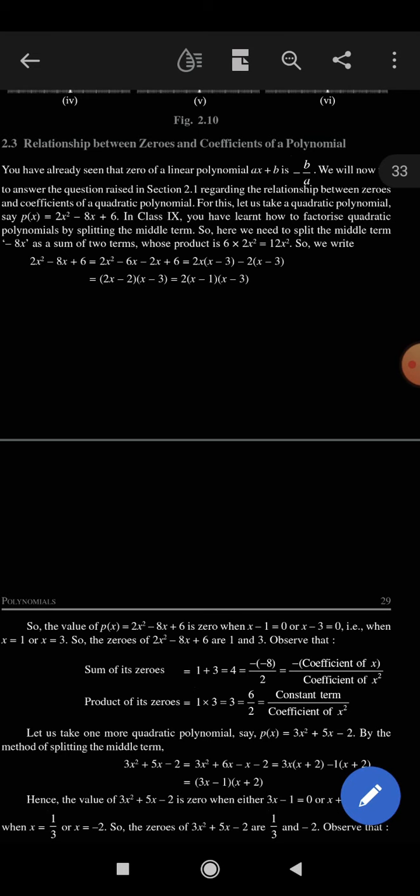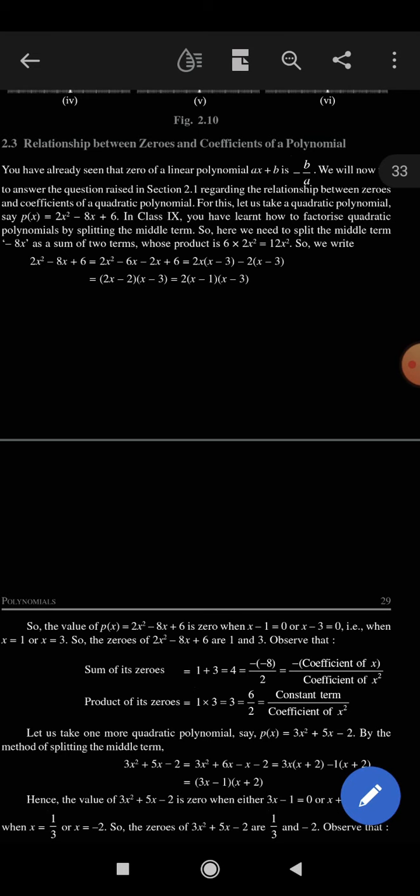In class 9, you have learned how to factorize a quadratic polynomial by splitting the middle term. So here we need to split the middle term minus 8x as the sum of two terms whose product is 6 into 2x square, which is 12x square.